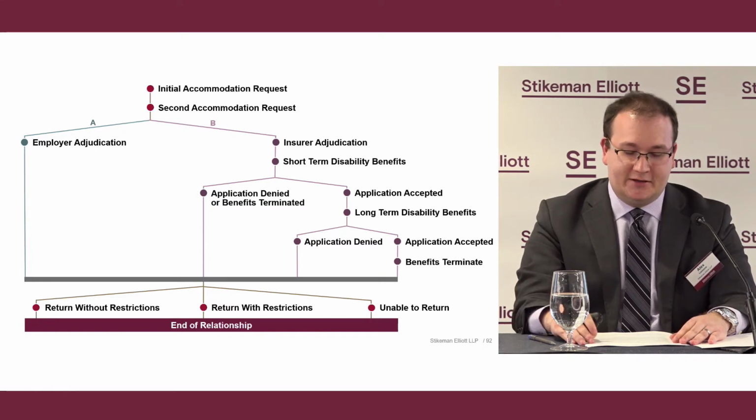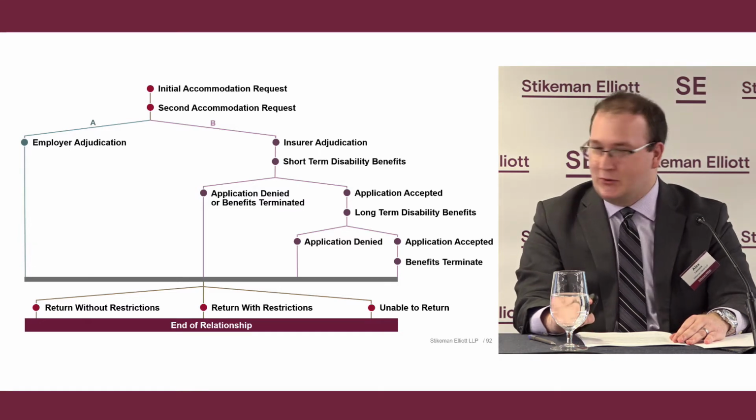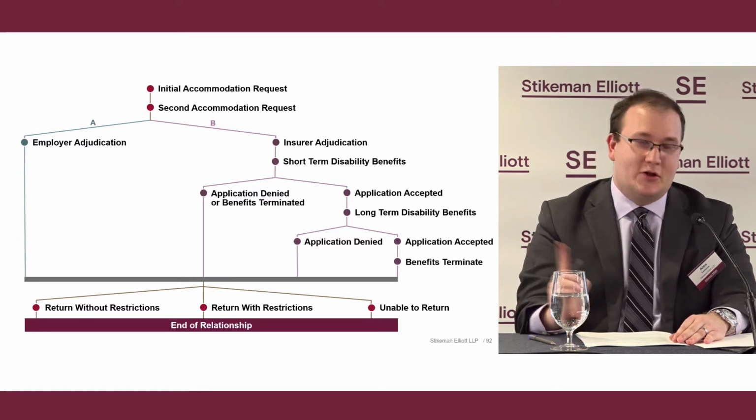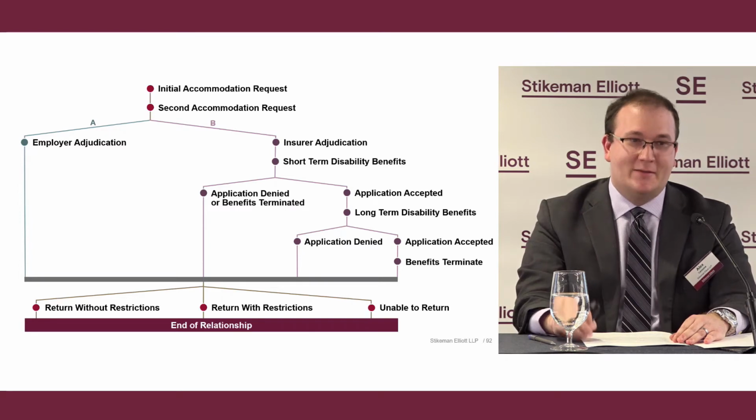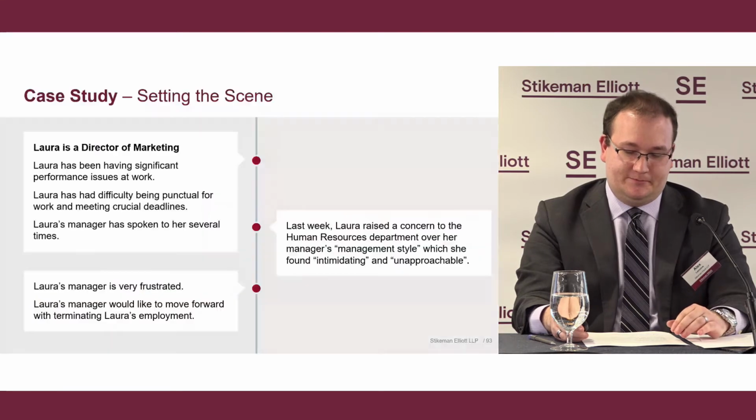As I think I've heard Kathleen say in the past, working through these processes is a little bit like hide and seek in a factual minefield, and no one knows where the mines are. I think that's correct. Oh, it's choose your own adventure. Close. In the middle of a minefield. In the middle of a minefield. Yeah. So today, let's think of this flow chart as our skeleton, and through our case study, we're going to put a little bit of meat on the bones.